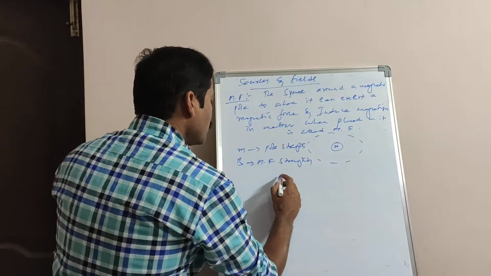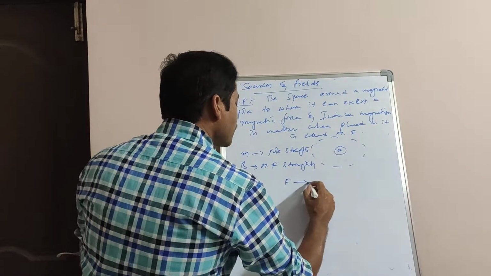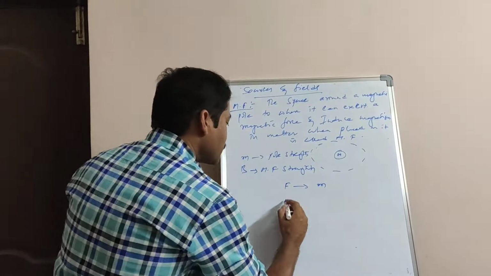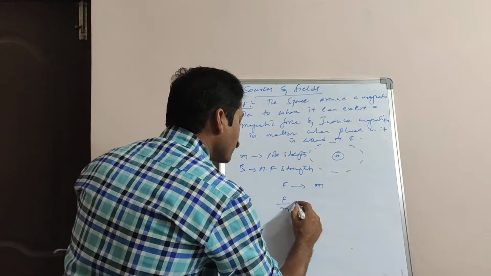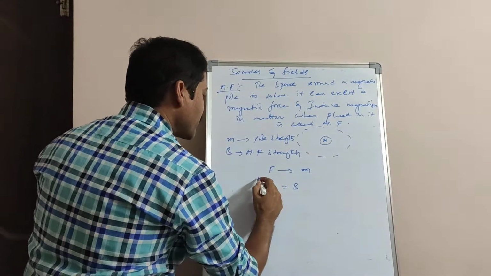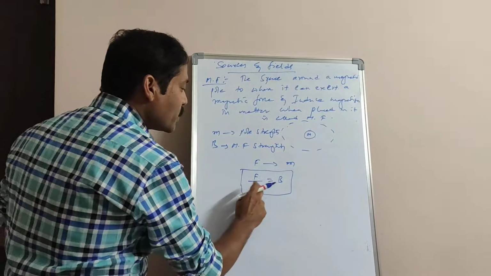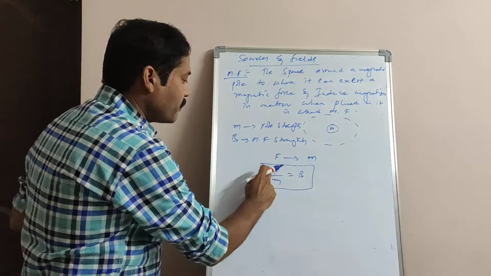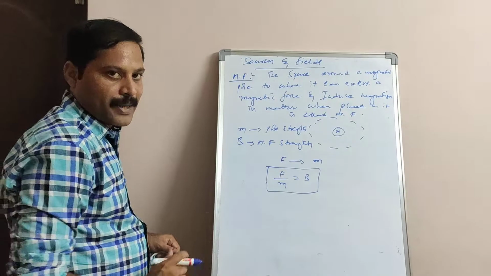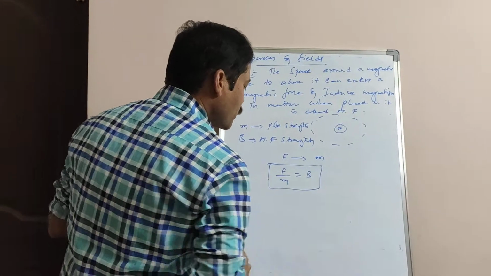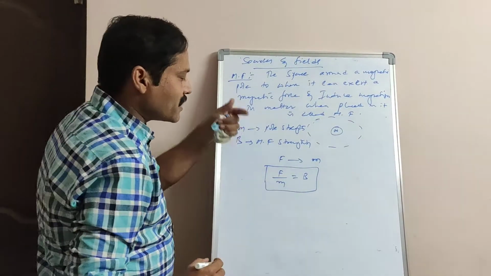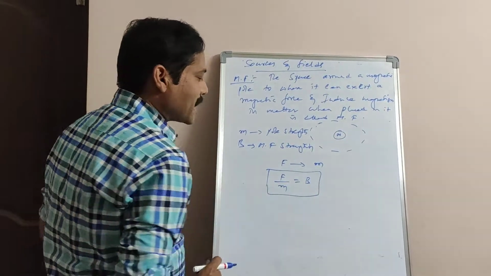Okay. So let F be the force exerted by pole strength M, then the force experienced by unit pole strength when placed in a magnetic field is called as magnetic field strength. Okay. So F by Q is equal to capital E, F by M is equal to capital B. So force experienced by unit pole strength when placed at a point in the magnetic field is called magnetic field strength.